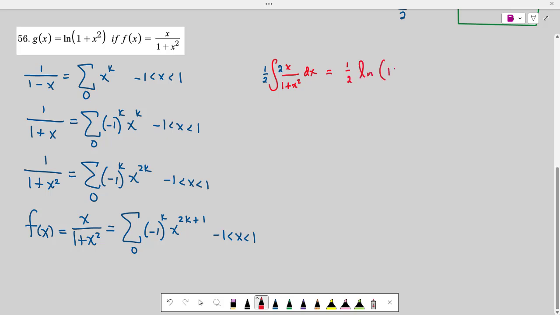Don't need absolute values because the denominator is never negative. So we get that. So we'll stop there and we'll finish this one off on Thursday in the first few minutes of class. And think about it ahead of time. Think if you can figure out what the power series for G will be.